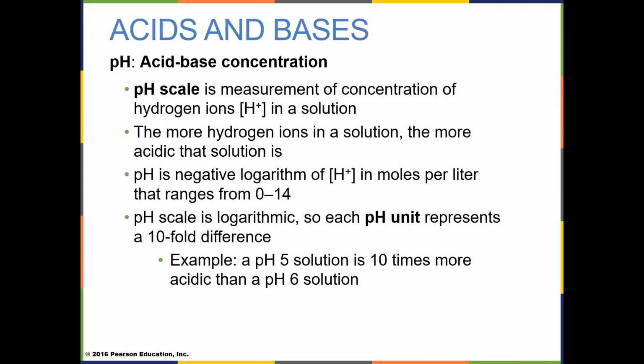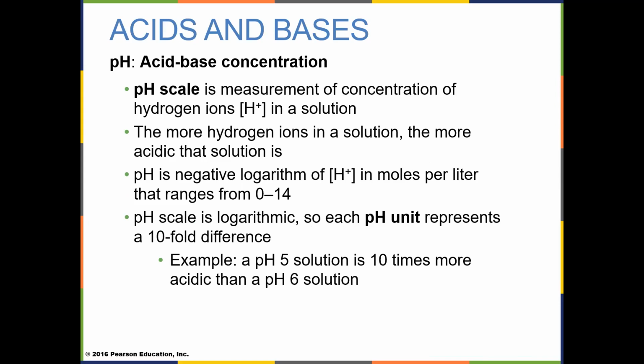Now we measure acids and bases in our bodies and in anything in chemistry using what's known as the pH scale. The pH scale is a measure of the concentration of hydrogen ions in solution.